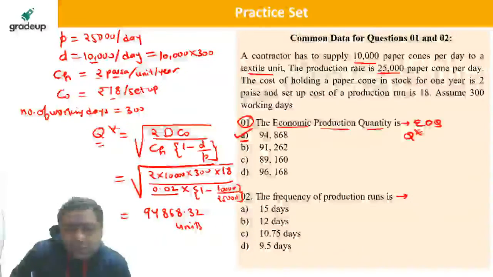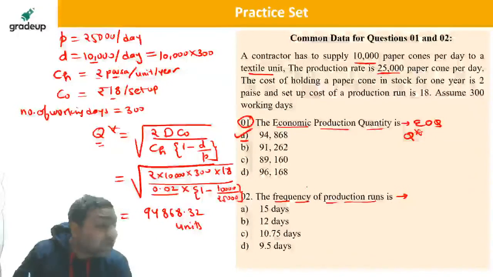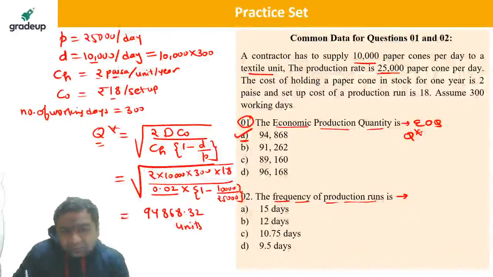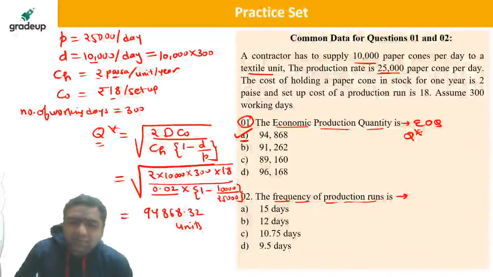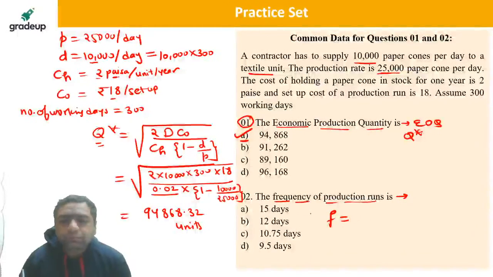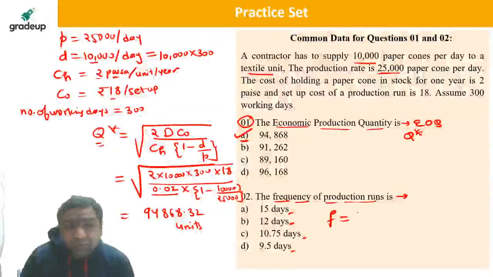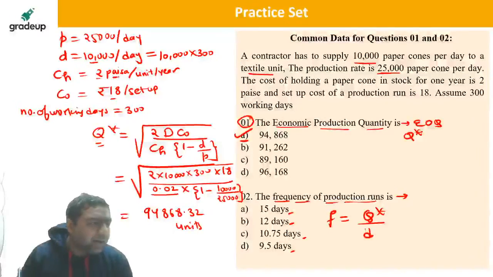Very nice, guys. The second question is to find out the frequency of production run. When you want to find the frequency of production run, it is nothing but after how many days a production setup will be required. The answer is asked in days, so the formula is Q star divided by D, the demand rate.